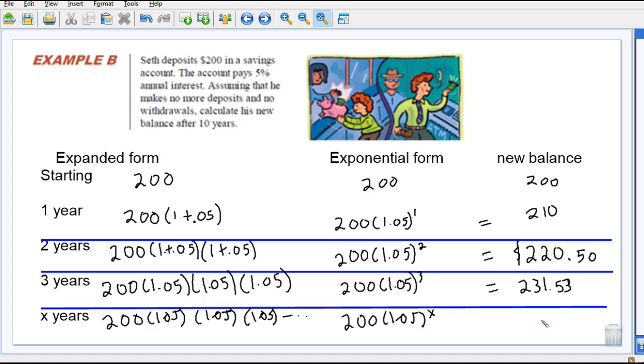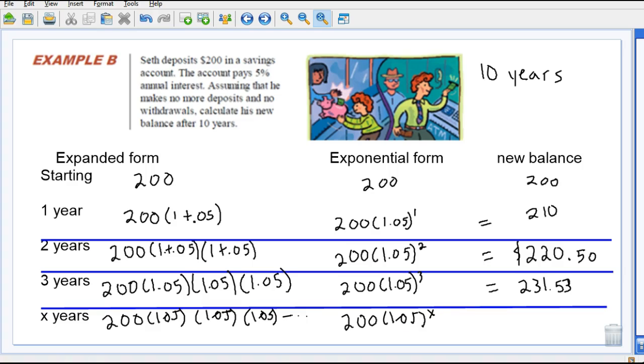But what we're going to do is, for 10 years, because that's what we're trying to do to answer this question. So after 10 years, all we have to do is put this in exponential form: 200 times 1.05 to the 10th.